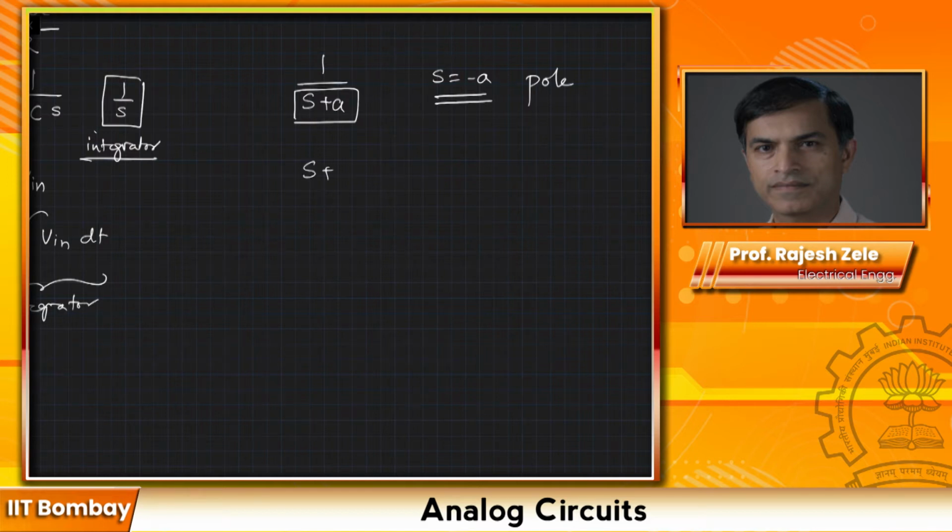However, if you have the term S plus A in the numerator, then at S equal to minus A, you have a zero. And what does zero really mean? Zero means that at that point, the expression actually goes to zero. At S equal to minus A frequency, the expression goes to zero. So that's what we talk about when we talk about poles and zeros.